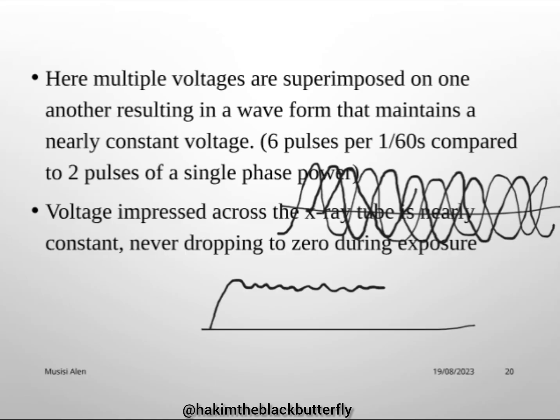But for the high frequency generator, the voltage ripple can be about 1%, meaning that the voltage that we supply the X-ray tube is almost constant, is almost the same.